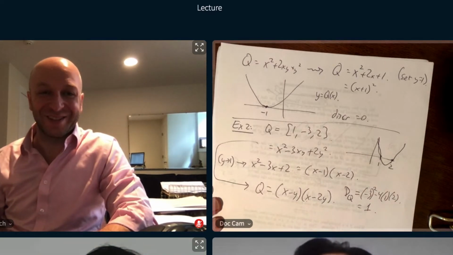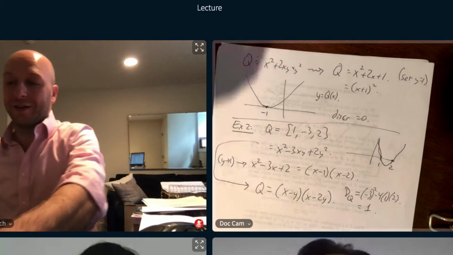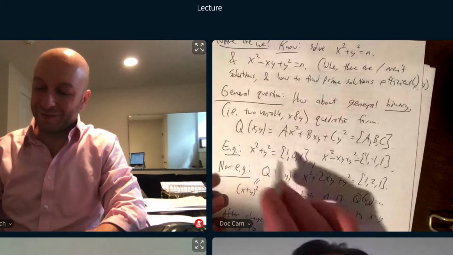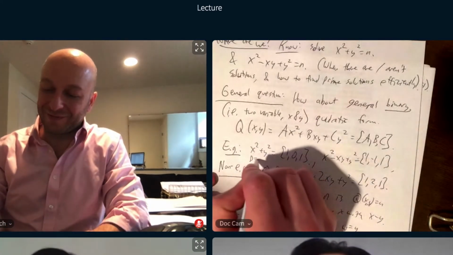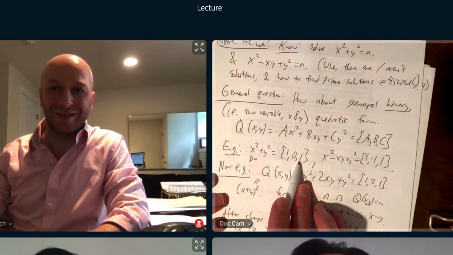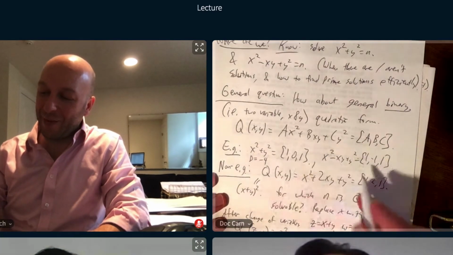Ah, what happens if the discriminant is negative? We're coming to that. By the way, what's the discriminant here? B squared minus 4ac. Negative 4. 3. How about here?